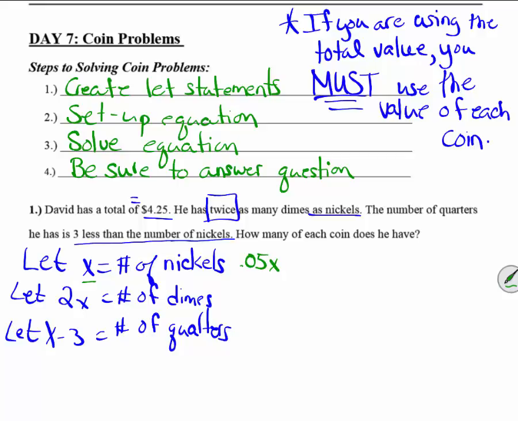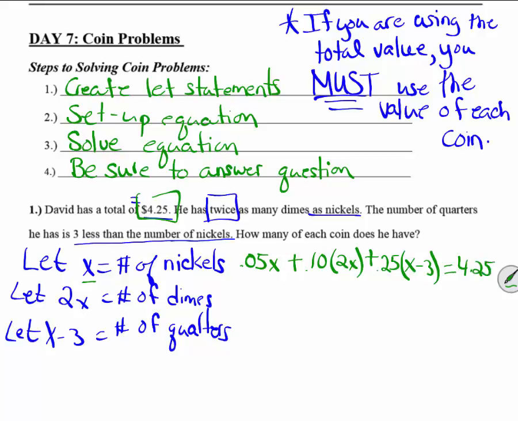So that's your value of your nickels plus the value of the dimes, 0.10 times 2x, plus the value of the quarters. Quarters are 0.25, times however many you have, x minus 3, gives us a total of that $4.25.